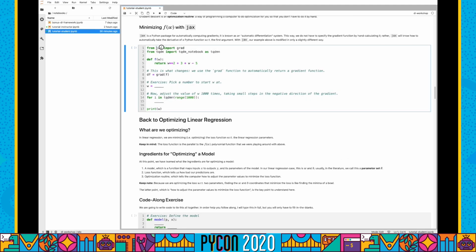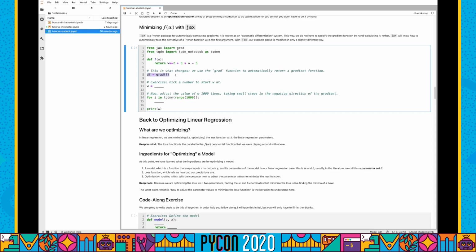Firstly, from JAX we're going to import the grad function, and then we're going to redefine the math function that we want to optimize. We didn't have to, but this is just for the sake of clarity. I'm putting it over here again. Now, if you look at line 8, this is where the magic happens.